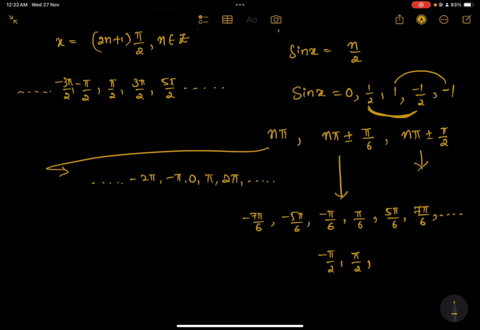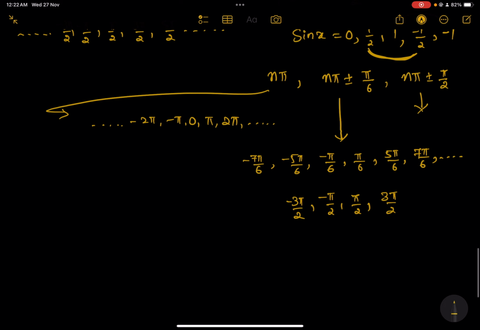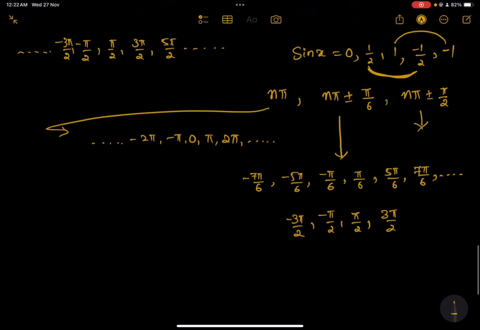When n is equal to 1, pi minus pi by 2 is pi by 2, pi plus pi by 2, 3 pi by 2. When n is equal to minus 1, minus 3 pi by 2. So we have some values. Let us put all these values in ascending order.